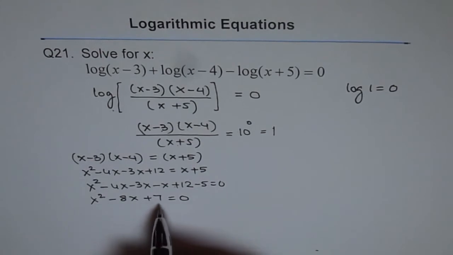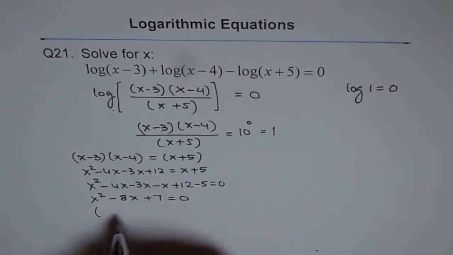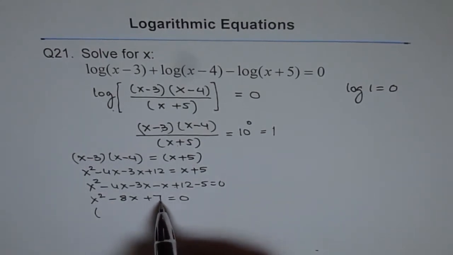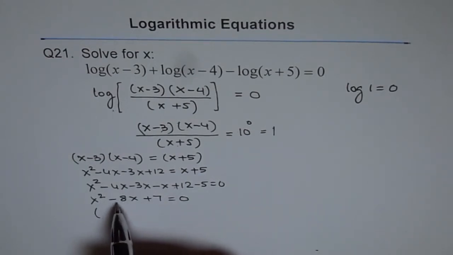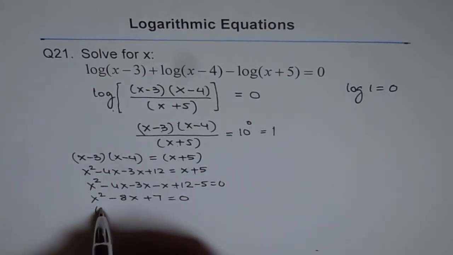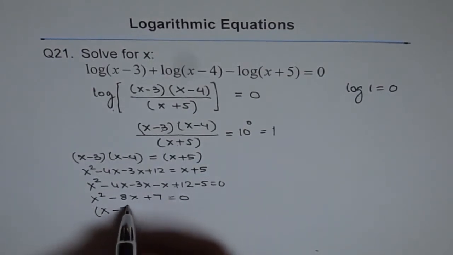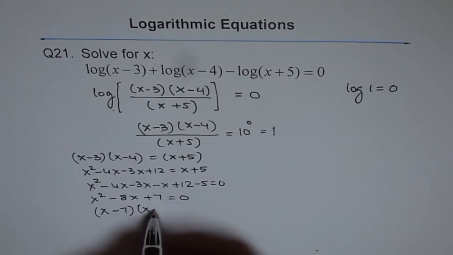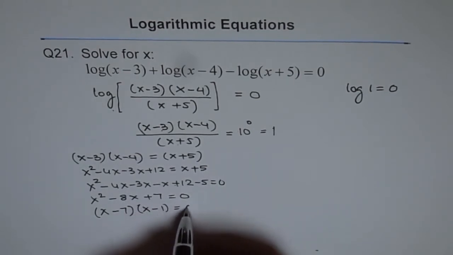Now this could be factored. We need a product of 7, and the sum of the two numbers should be minus 8. So those two numbers could be minus 7 and minus 1. When you do minus 7 times minus 1, you get 7, and their sum is minus 8. So we can factor this as (x - 7)(x - 1) equals 0, correct?